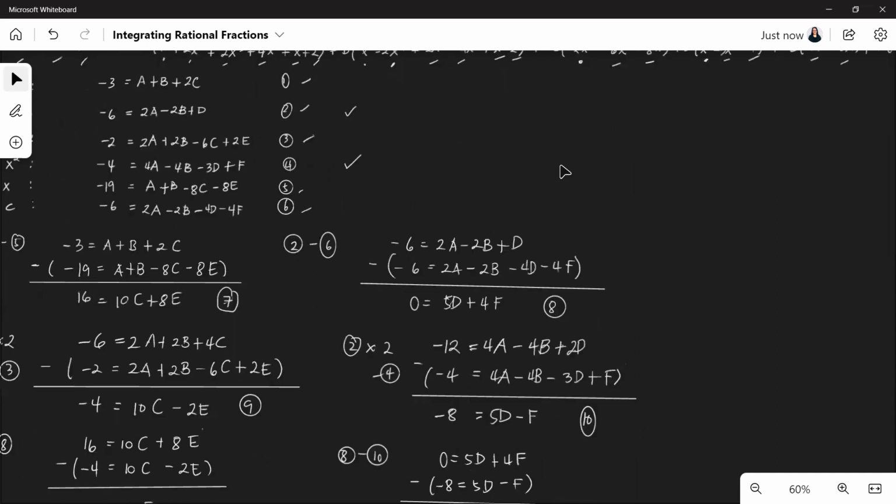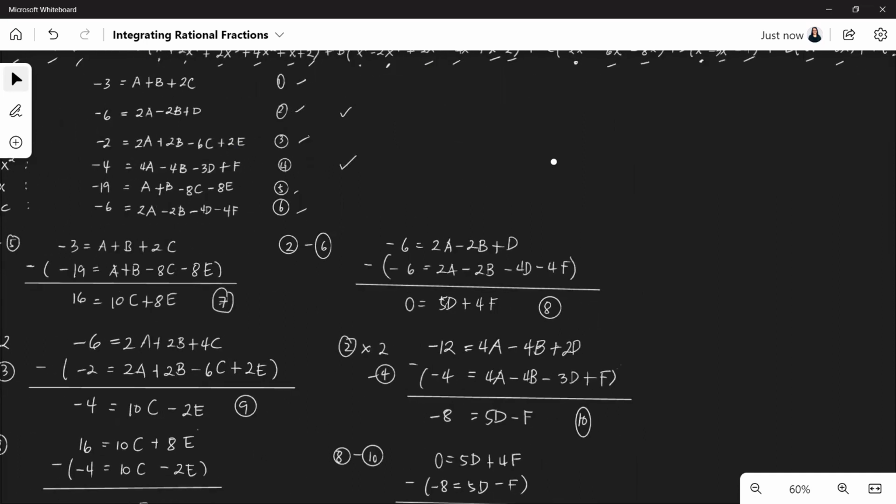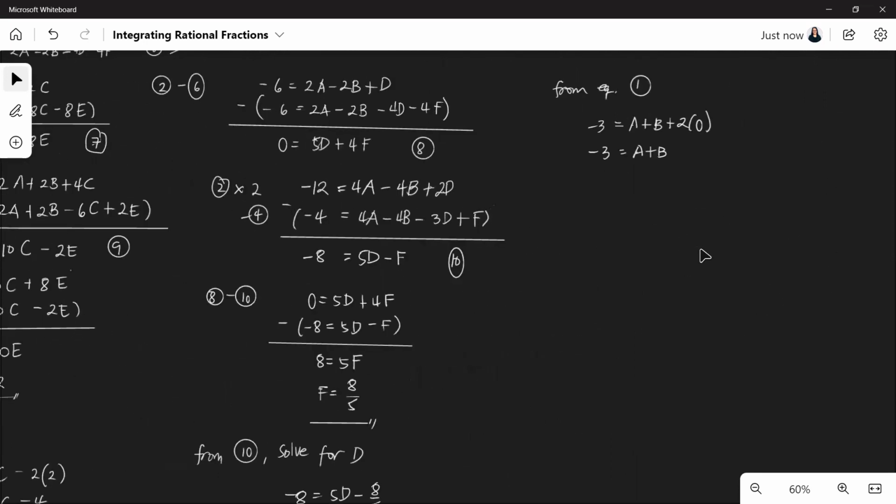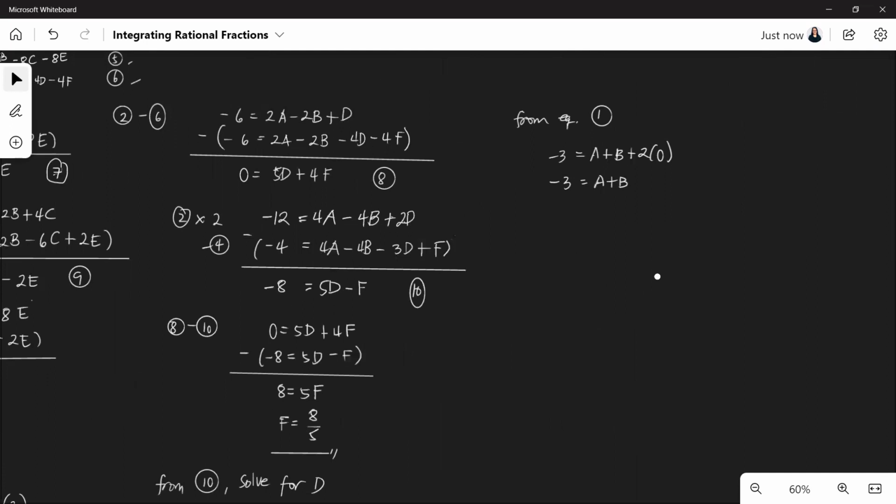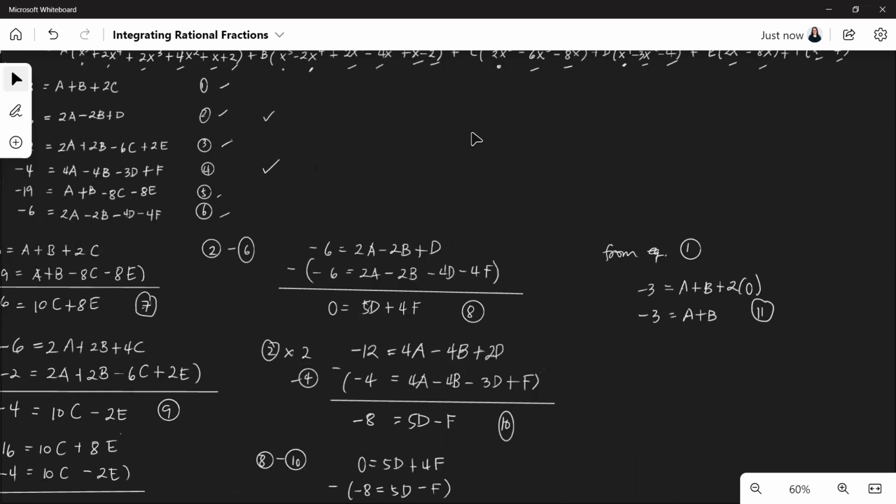So from equation 1, make another equation with only A and B. Plug in the value of C, which again is 0. Meaning negative 3 equals A plus B. All right, so we have another equation. Let this be equation number 11. We need another equation containing A and B so that we can solve for either A or B first.